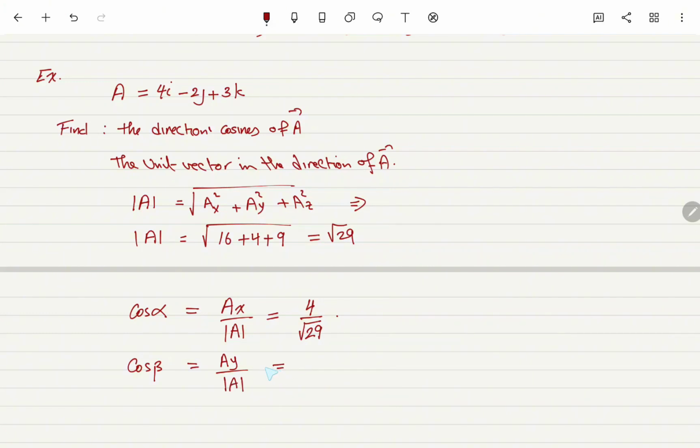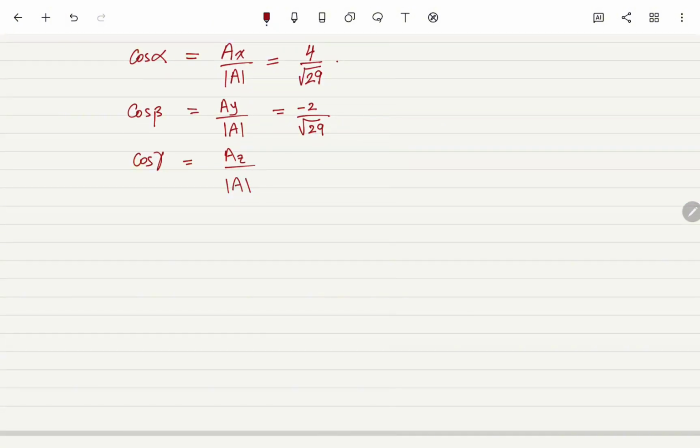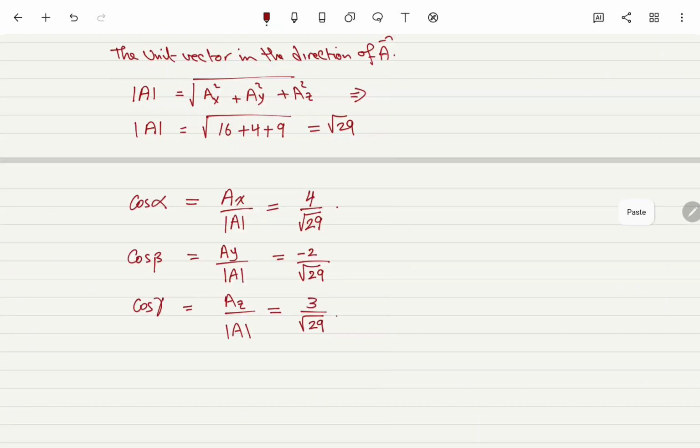Now ay is minus 2, so minus 2 divided by square root of 29, and following the same procedure, cosine gamma equal to az divided by the magnitude of a, which is 3 divided by square root of 29.